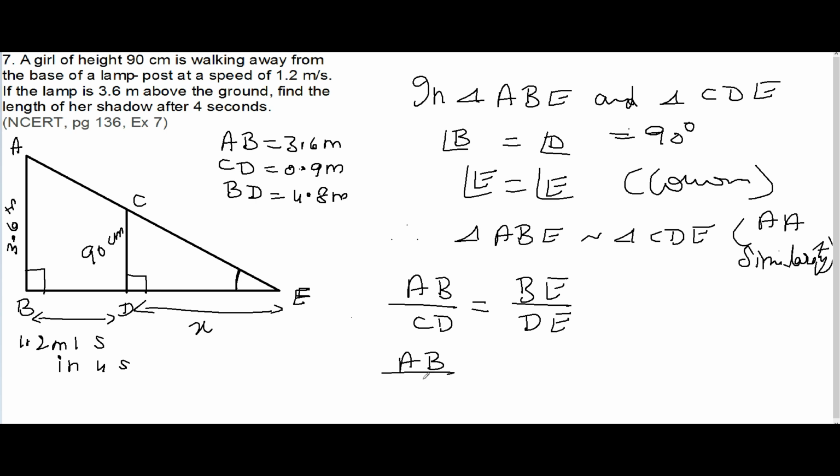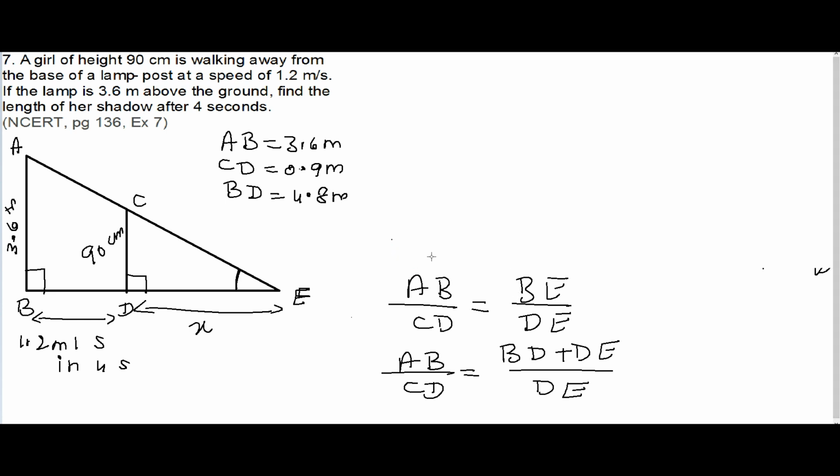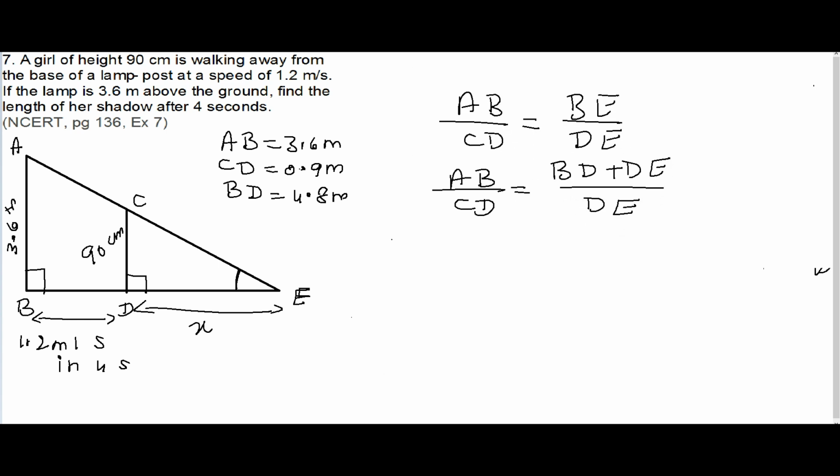So, we shall write AB by CD is equal to BD plus DE divided by DE. Now, simple, we have to just substitute the things here. So, on substituting, the rest will be easy. So, AB we know it is given 3.6. CD we know which is given 0.9.